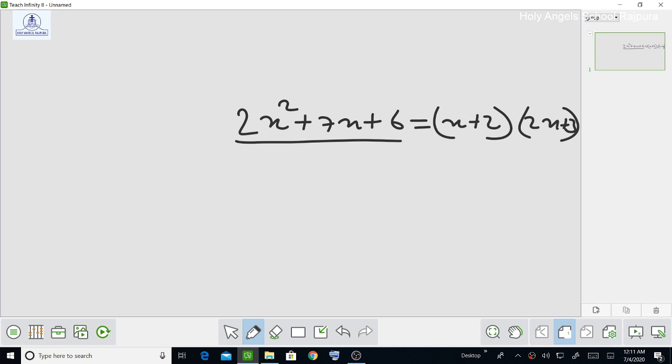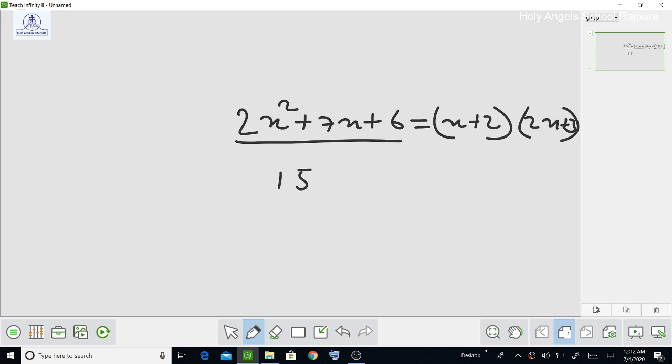How to get the factors, or how to factorize a given expression, you have studied in class 9 by trinomial factorization. That is the second part of the exercise. We do it. Now let us see why it is called the remainder theorem.